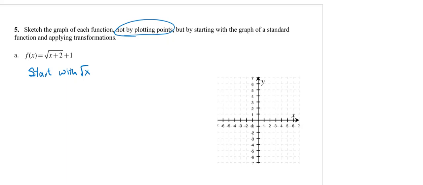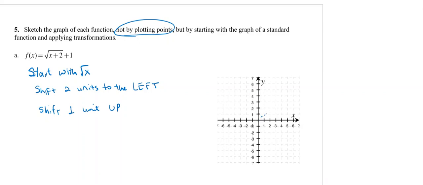So that's like doing an f of x plus 2, which means then we have to shift it 2 units to the left. And then the plus 1 at the end means we have to shift that new graph 1 unit up.